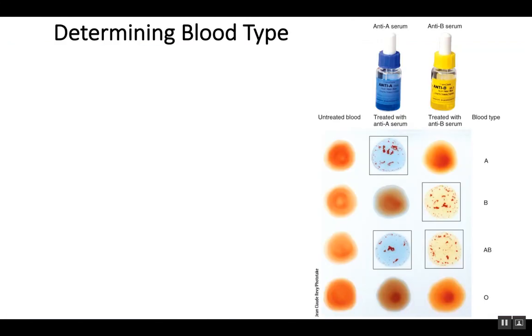We can determine blood type very easily. We mix blood with the antibody. So for example, if someone is blood type A and we mix that blood with anti-B, it will not clump. If we mix it with anti-A antibody, it clumps.